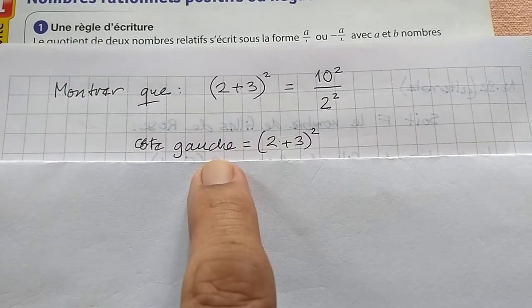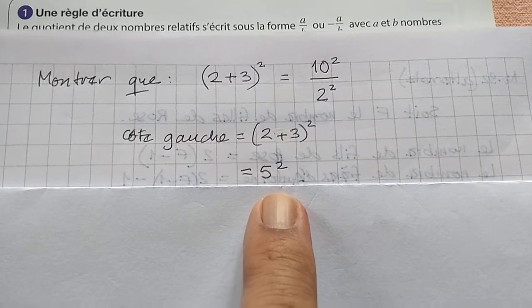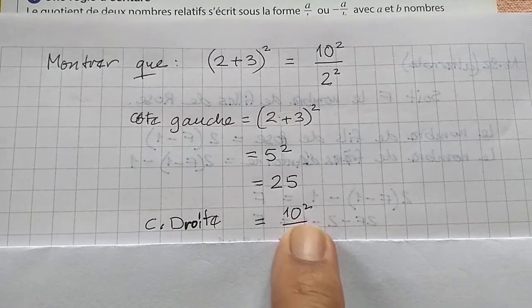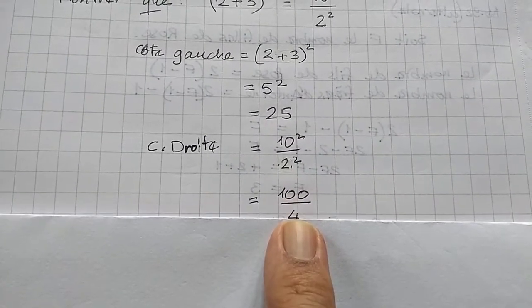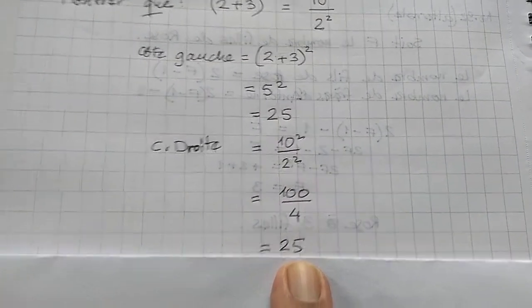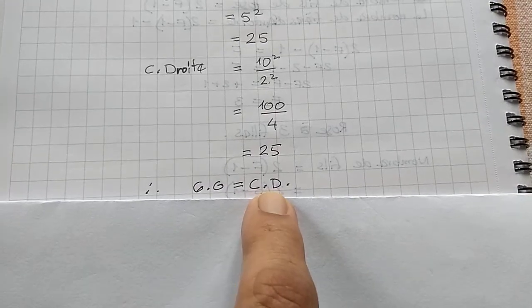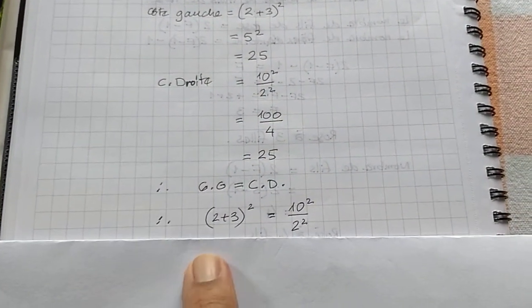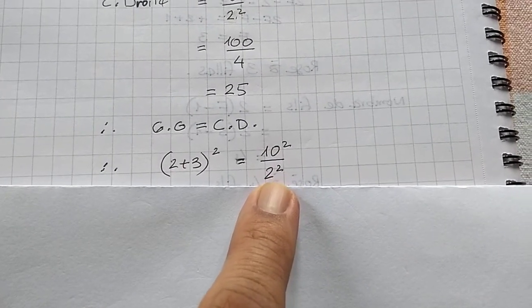You say côté gauche, (2 plus 3) au carré est égal à 5 au carré est égal à 25. Then you take côté droite, 10 au carré sur 2 au carré, ça c'est égal à 100 sur 4 est égal à 25. Donc, côté gauche est égal à côté droite. Both are 25. So, donc, (2 plus 3) au carré est égal à 10 carré sur 2 carré.